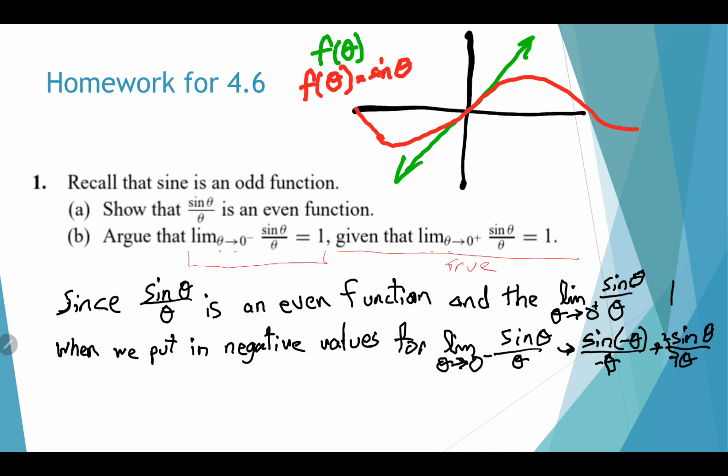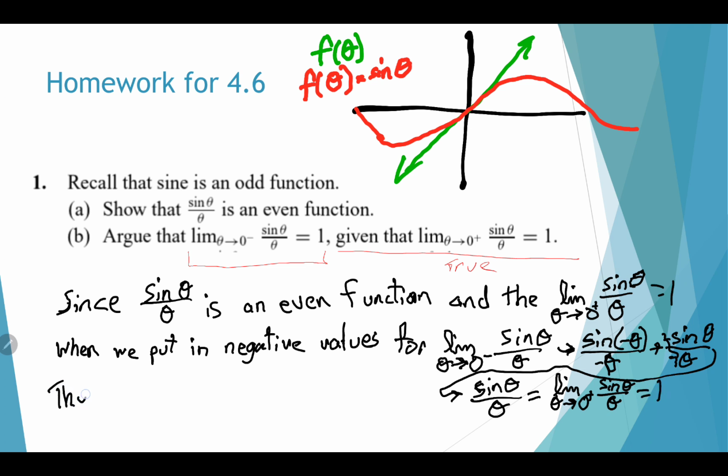Those cancel, leaving us sine of theta over theta, which we know is equal to the limit of theta approaching 0 from the positive side of sine of theta over theta, which is equal to 1.